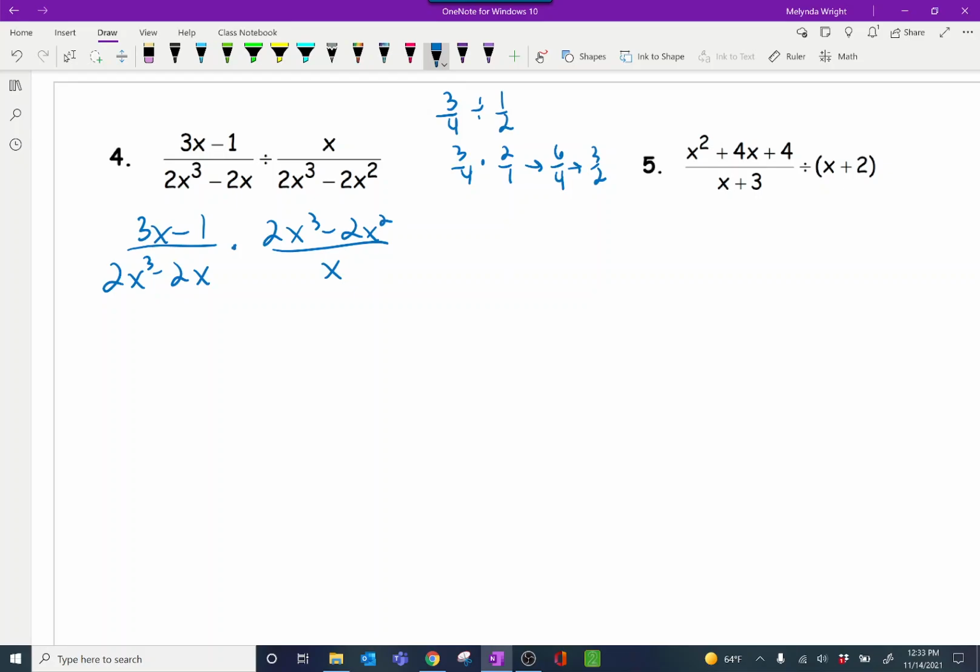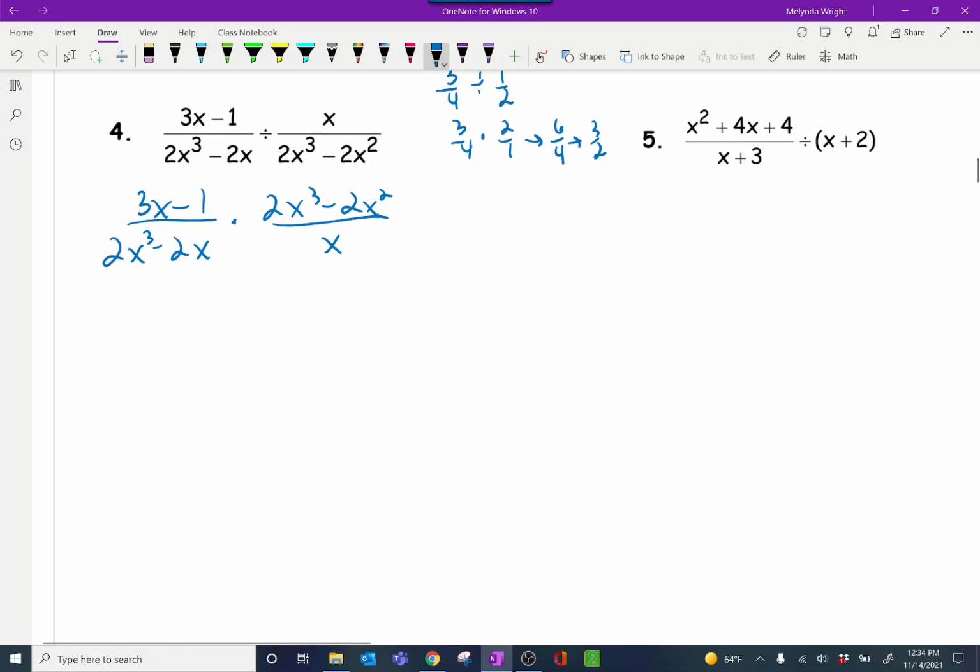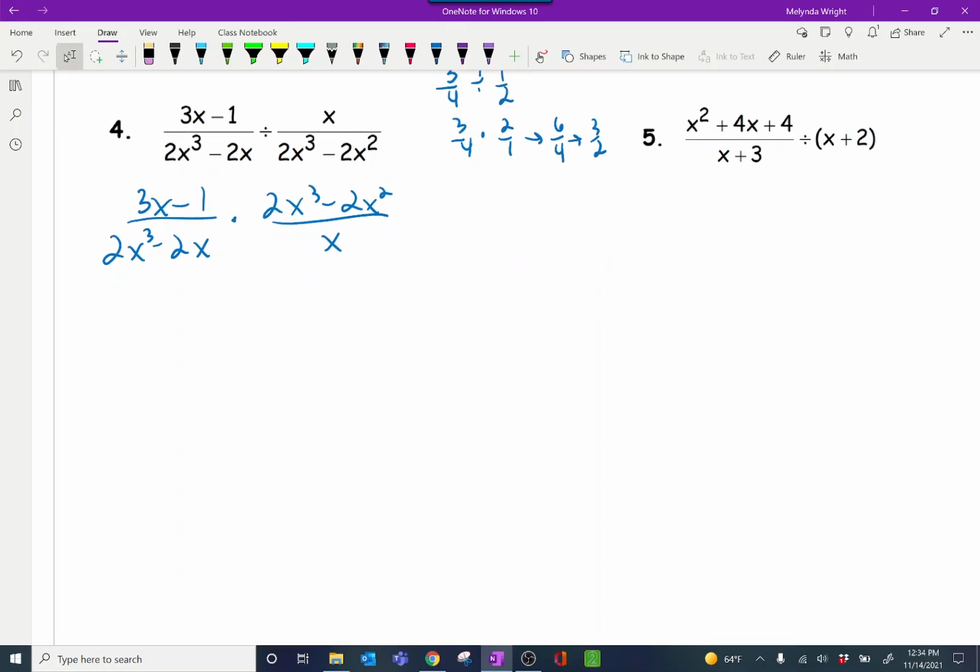Very good. It's got adding and subtracting in the numerator and denominator, so we don't have a choice but to factor. We love factoring. 3x minus 1, there's nothing to do on that one. That denominator has a greatest common factor of a 2 and an x. So let's do our scratch work over here.